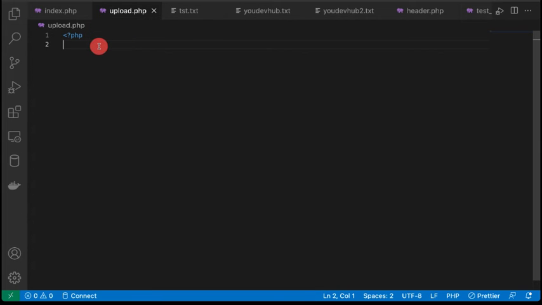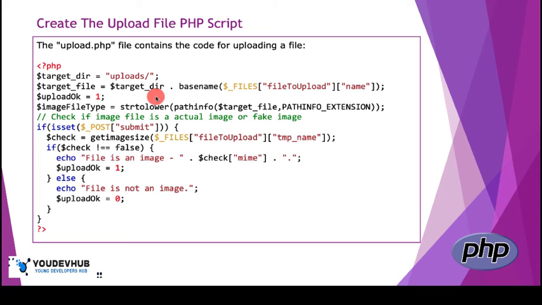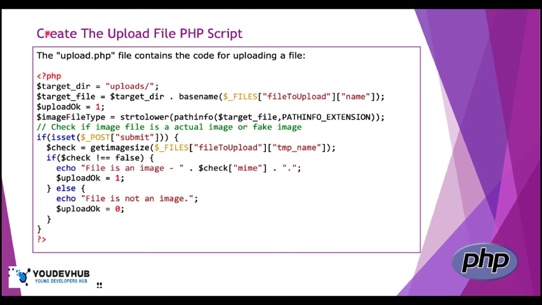Alright, so now we have our upload.php. Now coming to creating the upload file. After we've created the file in PHP, there are some things we need to know about uploading files. Now, we have the target directory. Whenever you want to upload a file, there must always be a place where the file is going to be stored.